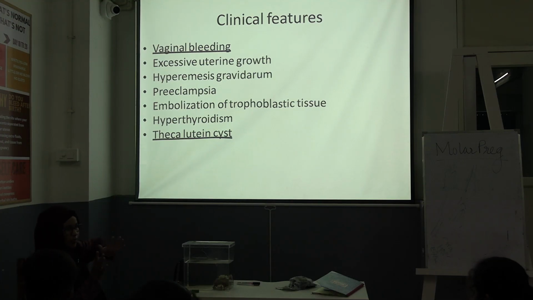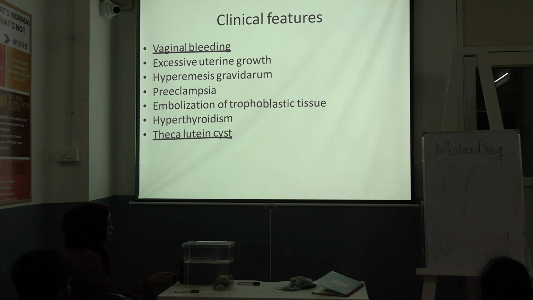They are not working properly, or in normal terms, they are crazy or mad. They are vigorously proliferating, but they are not doing their actual job. So there is no proper remodeling of the spiral arterioles in this pregnancy, and preeclampsia or eclampsia can develop even before 20 weeks. Okay, that's the reason of the preeclampsia.